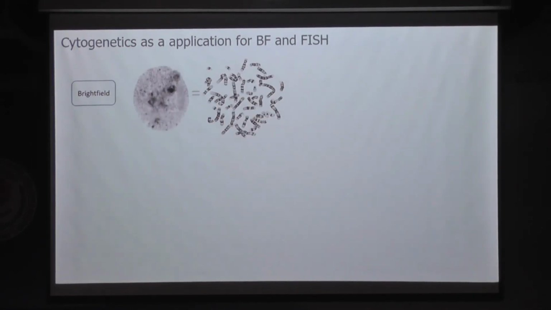With bright field, I remember Madam was discussing cytogenetics in prenatal diagnosis of trisomy or other issues. My karyotype, I can have a karyotype after finding a metaphase. In the bright field technique, a culture is created, and once it is laid onto the microscope, it does not have stains.